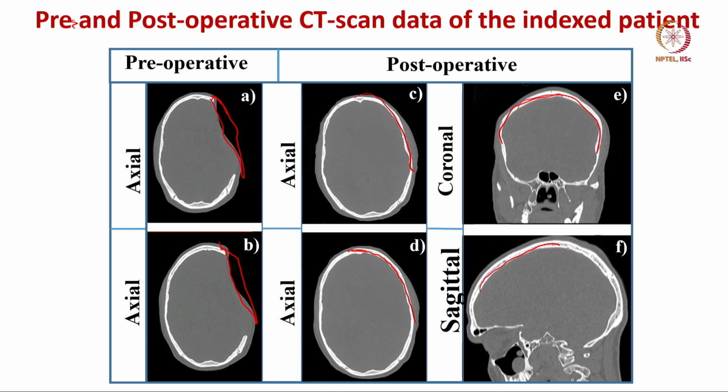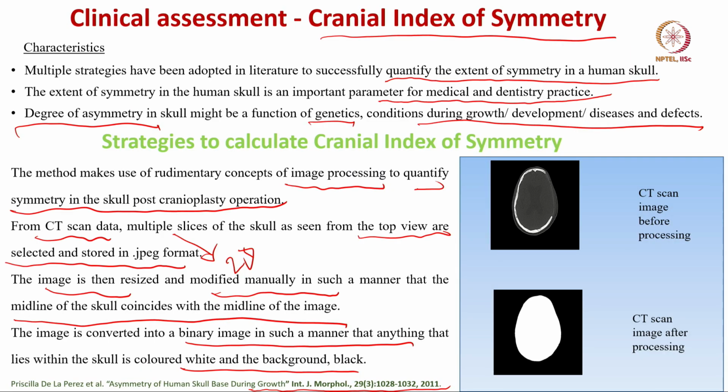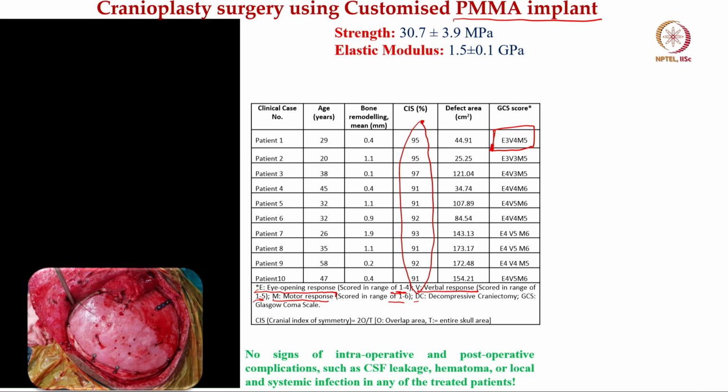You can see axial, coronal and sagittal views, showing complete reconstruction of these particular defects. So it is clear that patients with varying defect size were treated in this reconstructive cranioplasty surgery using polymethyl methacrylate implant.